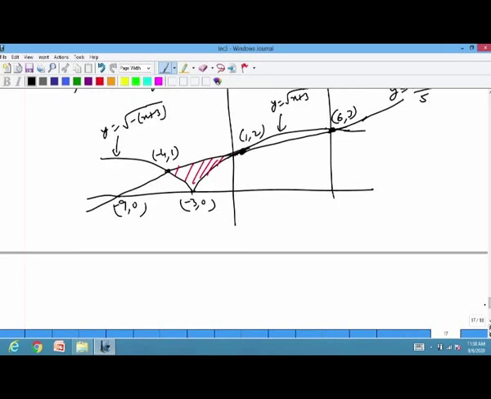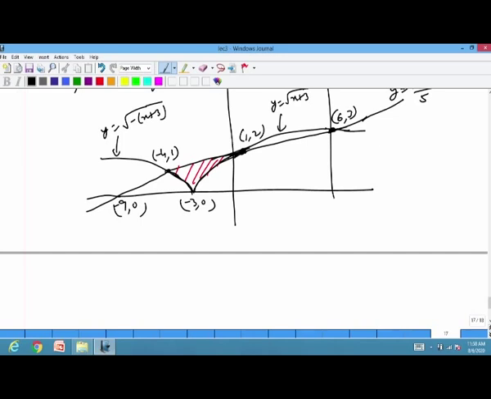So, now we can find this area by integrating this upper curve, which is in this case the straight line, minus the lower curve, which is this part of these two parabolas.